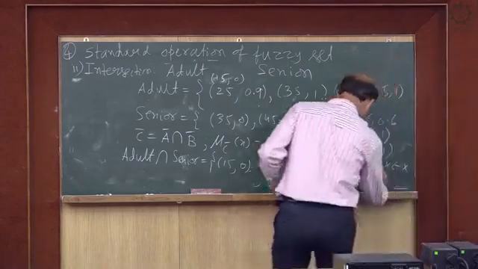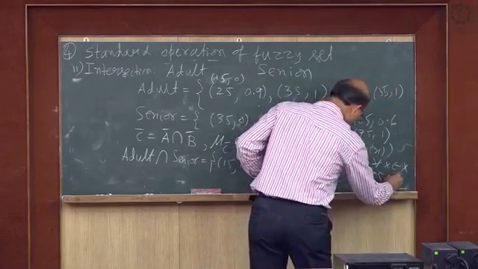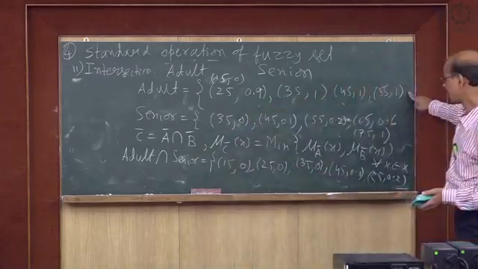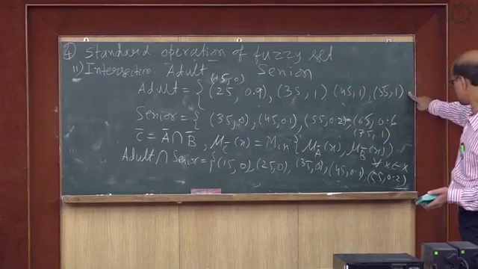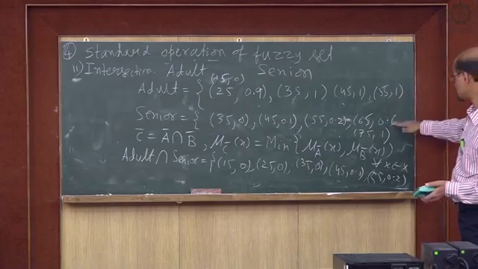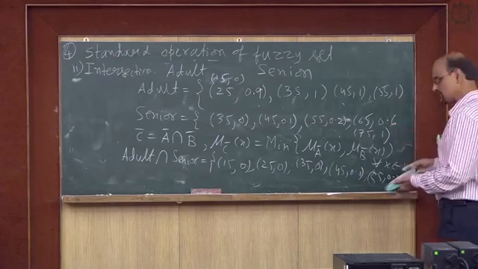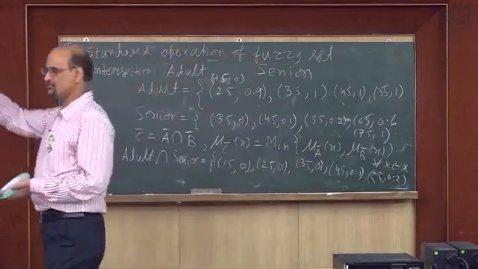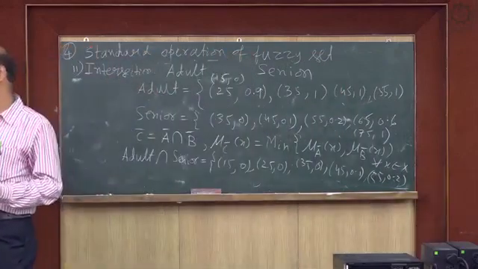So, now you can write like that, 55.2. So, similarly 65, I think both 65.6, there I think it is 0, 1. So, 65.6. So, like that you can complete. Means take the elements and take the minimum value of the membership functions from both the sets.